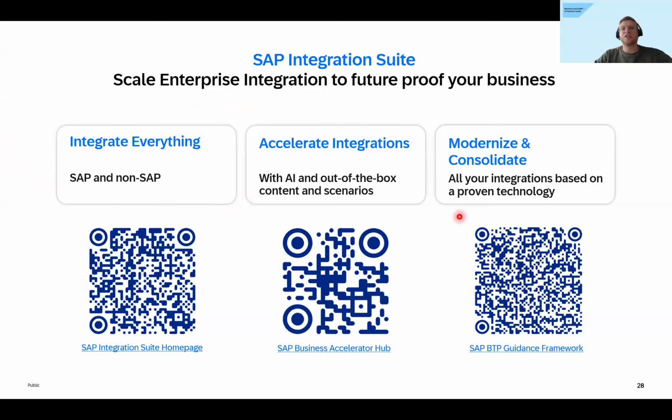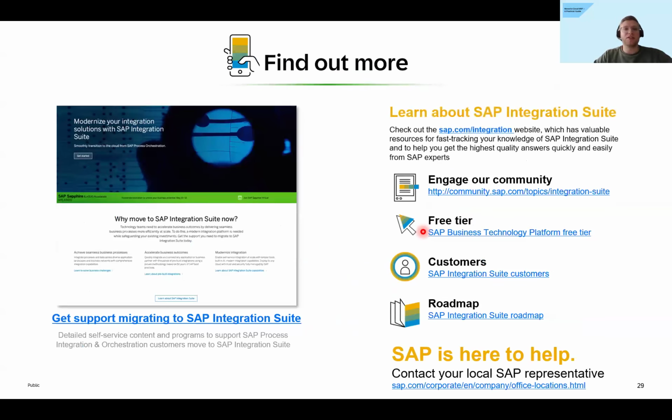Also for modernization and consolidation, SAP Integration Suite is the tool of choice. And with that, you have some more links here on the slides that you can leverage to learn more about, whether it's our community page, which I always recommend as a starting point, the migration support that you get, a free tier offering.